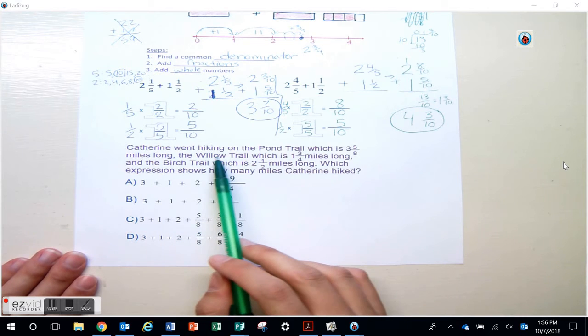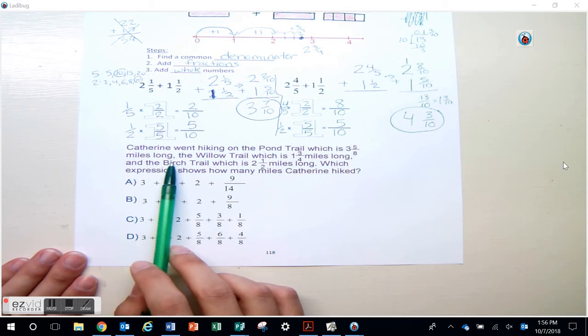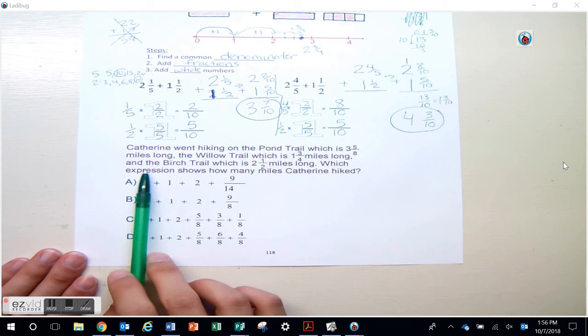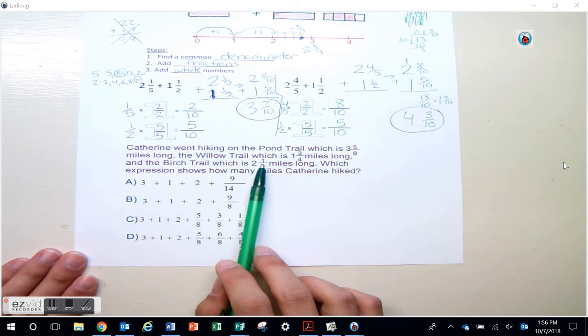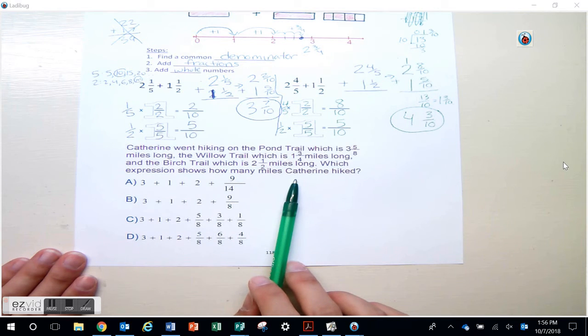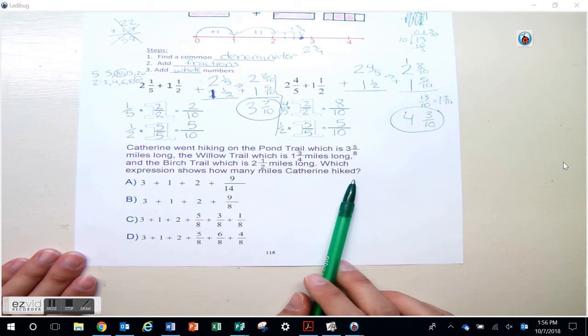Catherine went hiking on the pond trail, which is 3 5/8 miles long. The willow trail is 1 3/4 miles long, and the birch trail is 2 1/2 miles long. Which expression shows how many miles Catherine hiked?